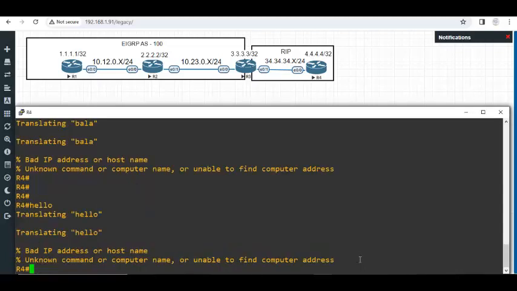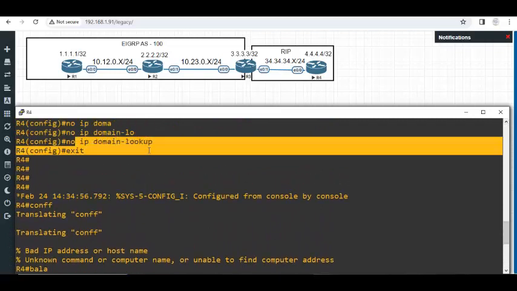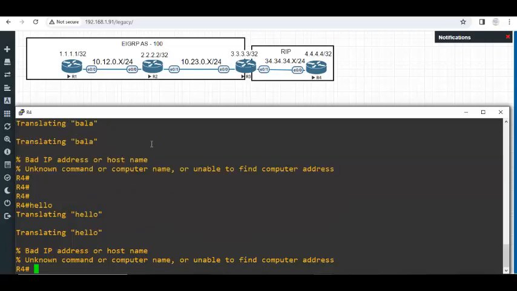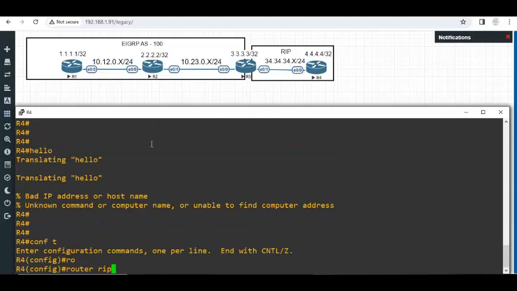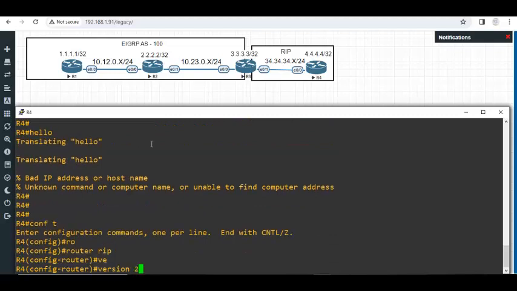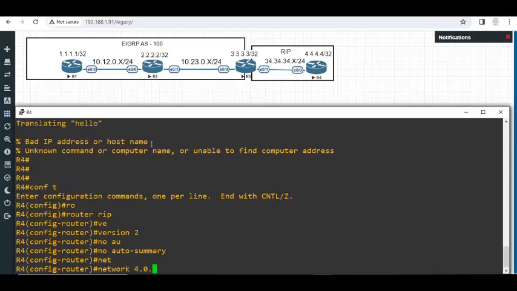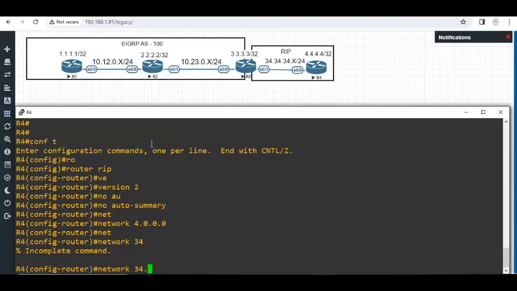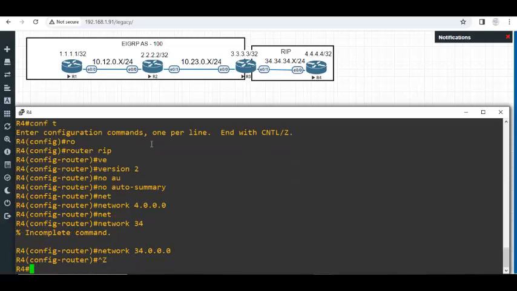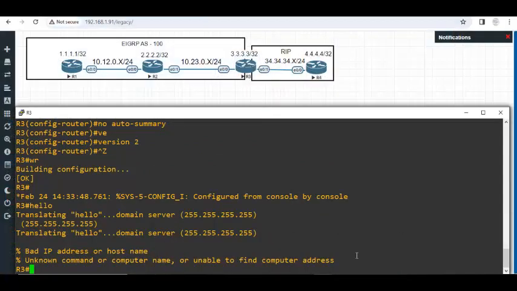Okay, now let's enable router RIP version 2, no auto summary, network. Okay. Now, if you go to router 3, you should see RIP routes. Wait some time.